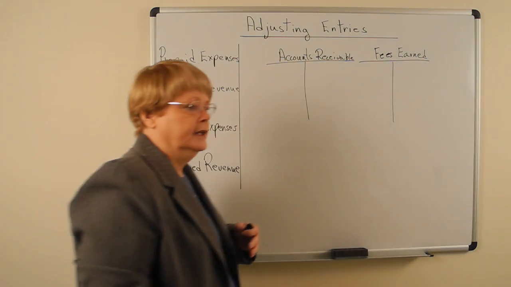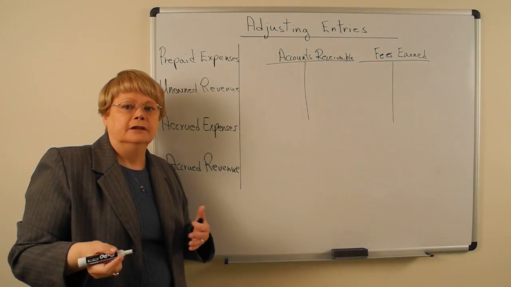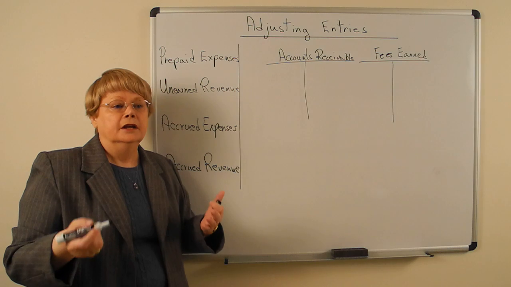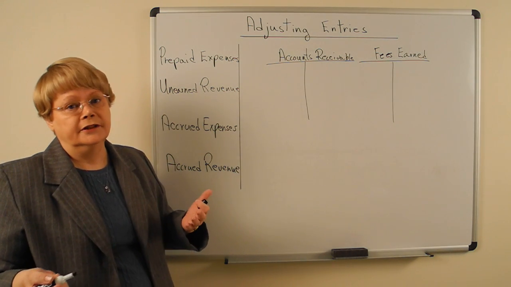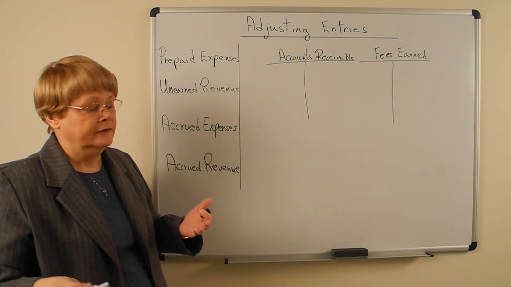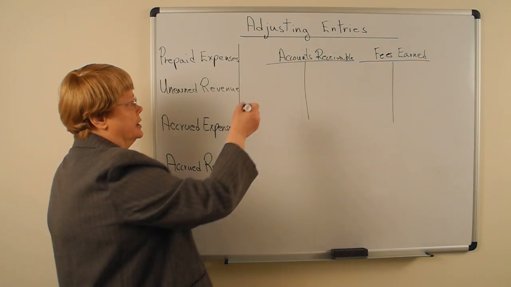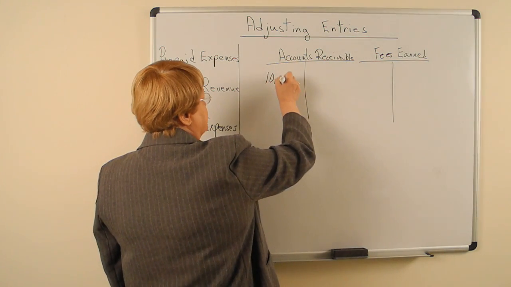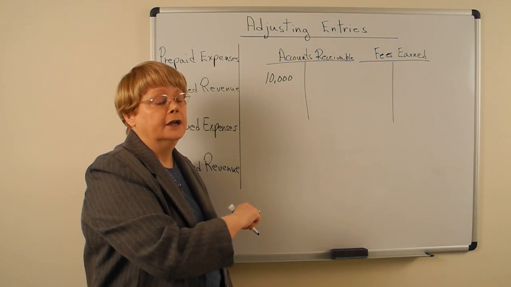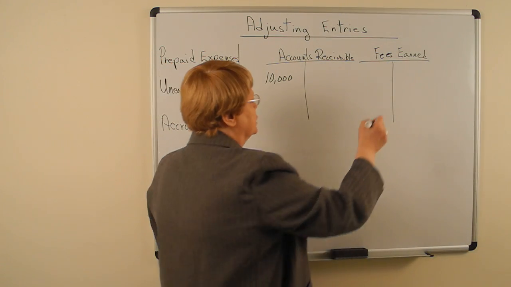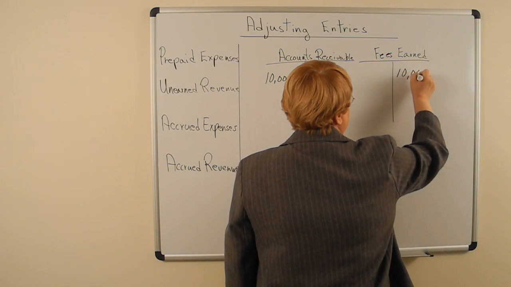Okay? And let's say by determining what has been done, we have actually earned, let's say, $10,000 in revenue that we have not recorded. So our entry would be a debit to accounts receivable. We haven't received it yet either. We haven't recorded it. We're recording it now, but we still haven't received it. We will receive it sometime in the future.